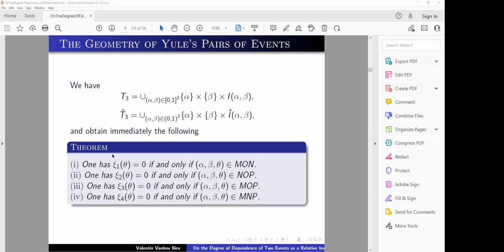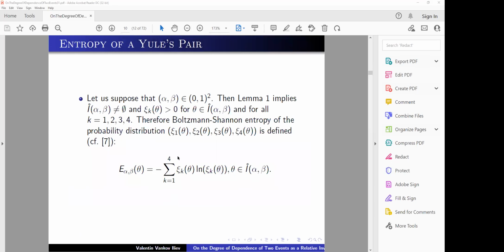And you get immediately a theorem that characterizes where those coordinates, c1, c2, those components of the probability distribution, are 0. Here is this complete description. There are zeros on the sides of the tetrahedron and on its edges. We throw out, of course, the vertices.